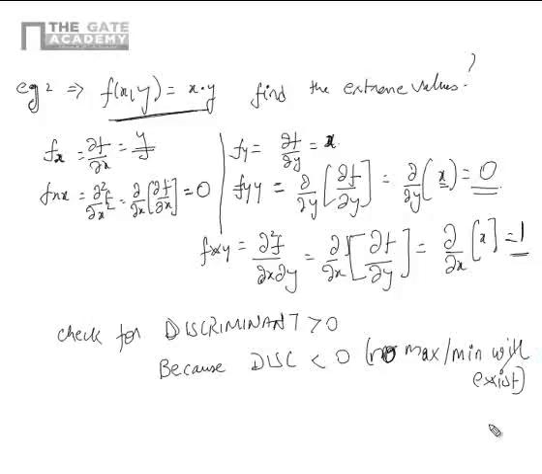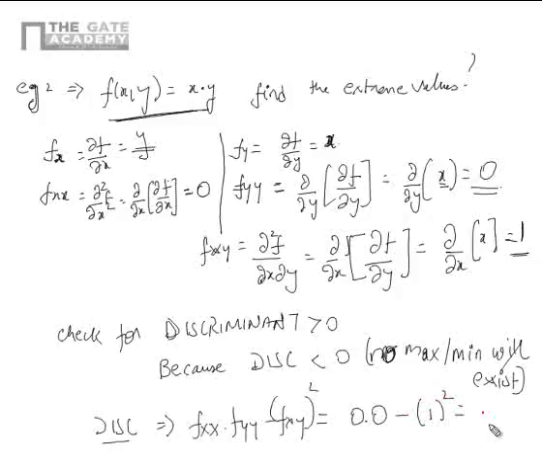So what is discriminant? Discriminant is nothing but fxx into fyy minus fxy square. In our case fxx is 0, fyy is 0, fxy is 1. So we get minus 1, which is less than 0.